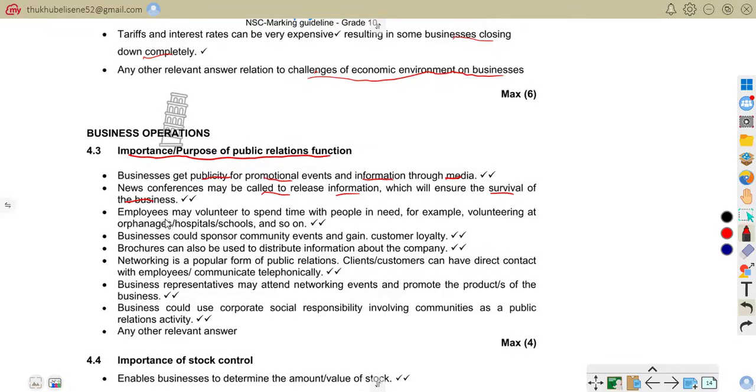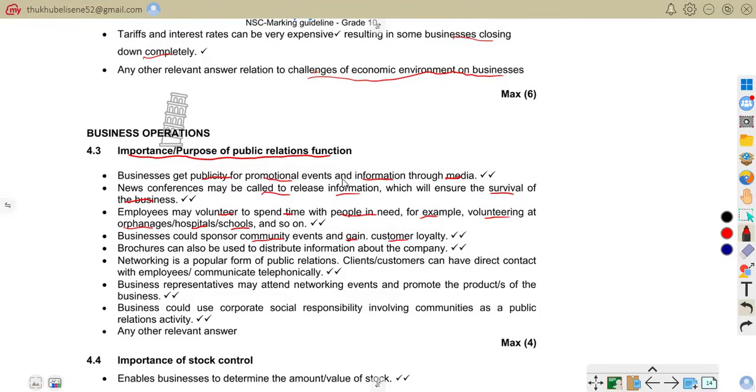Employees may volunteer to spend time with people in need. For example, volunteering a day at orphanages, hospitals, schools, and so on. So we are talking about employee volunteering. This improves the business image in the community. Business could sponsor community events and gain customer loyalty.